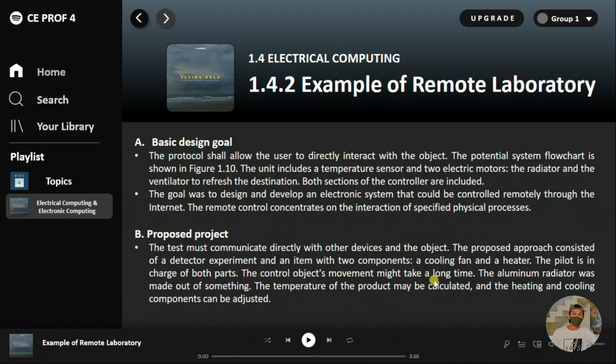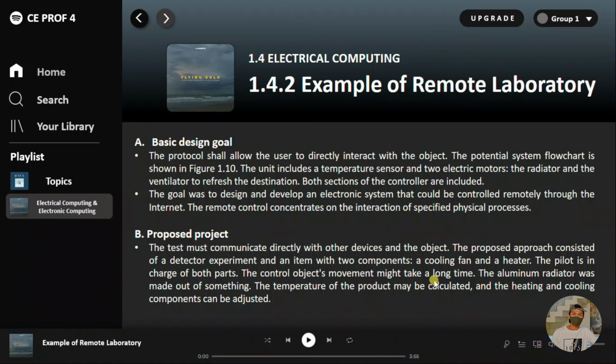So the second one is the proposed project. So the test must be communicated directly with the other device and the object. So the proposed approach consisted of a detector experiment and an item with 2 components, a cooling fan and a heater. The pilot is in charge of both parts, both cooling fan and heater. So the control object's movement might take a long time.